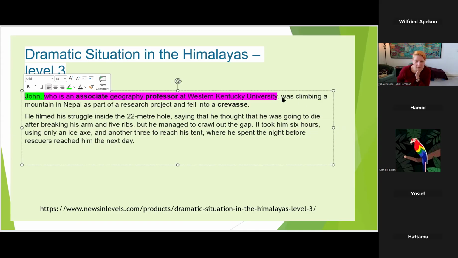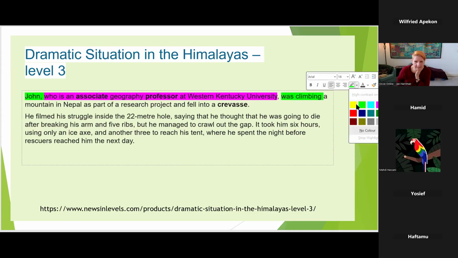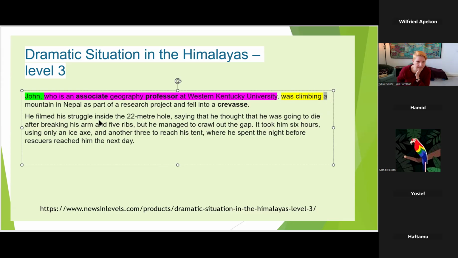Climbing. Excellent. And what was he climbing? A mountain. Yep, a mountain.